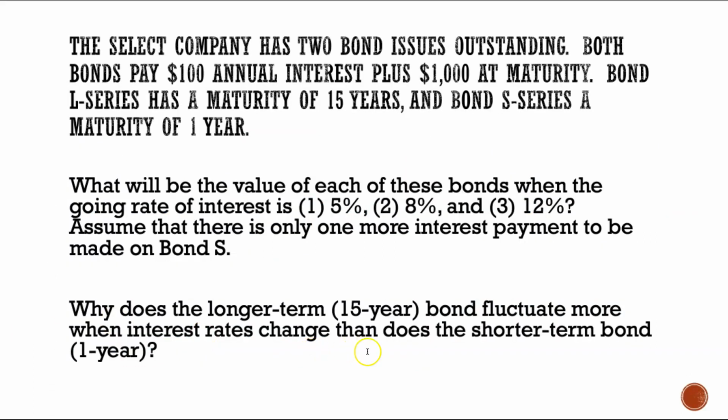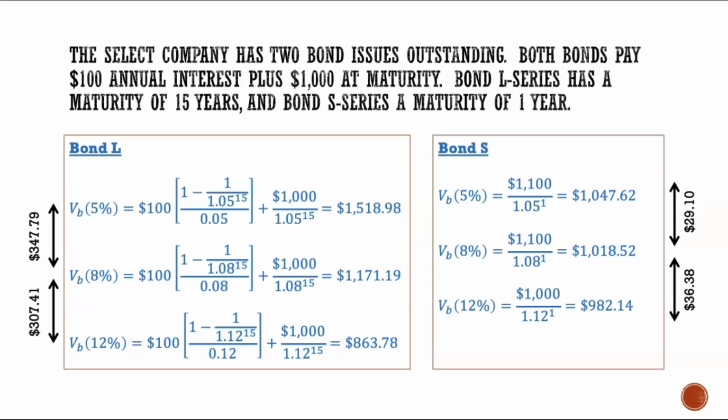Going back, why does a longer-term 15-year bond fluctuate more than the shorter-term bond? The answer is where we bring in the time value of money. For the 15-year bond, the interest plays a significant role because it's acting over a 15-year period, as compared to just 1 year for bond S. The par value, for example, for bond L is 15 years away.